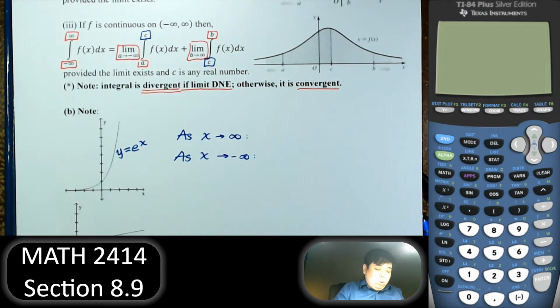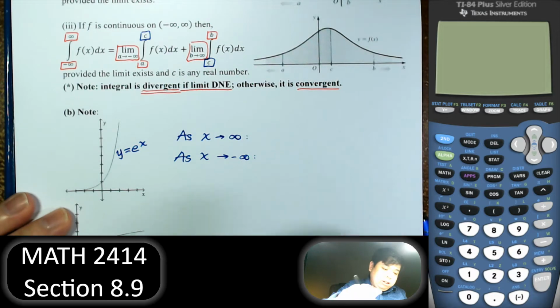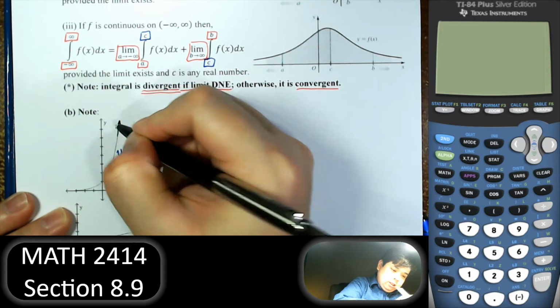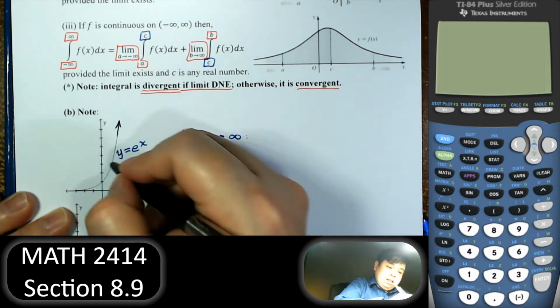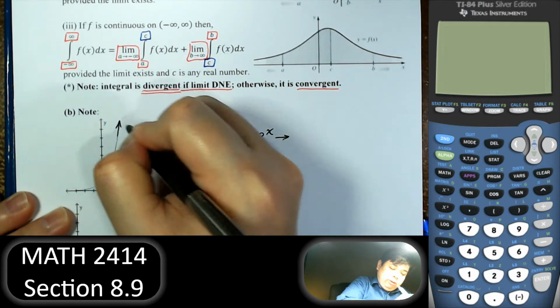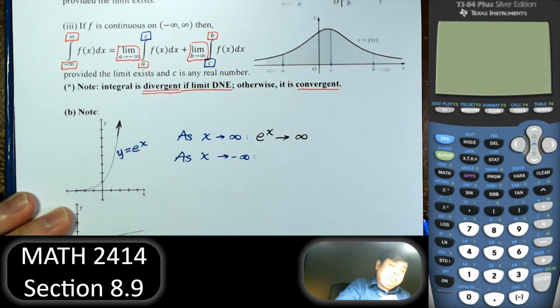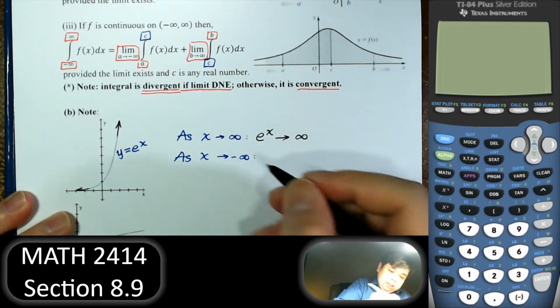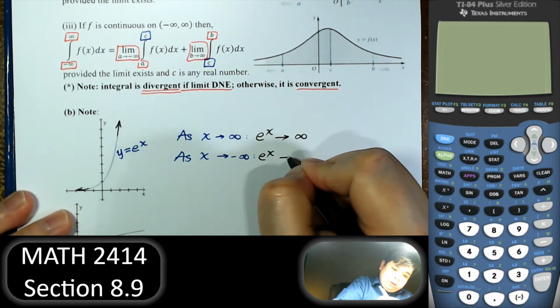When x goes to positive infinity, e to the x goes to infinity, and when x goes to negative infinity, e to the x goes to 0.